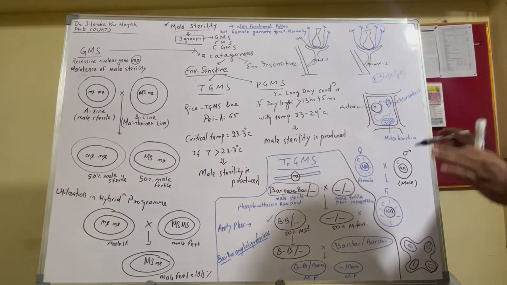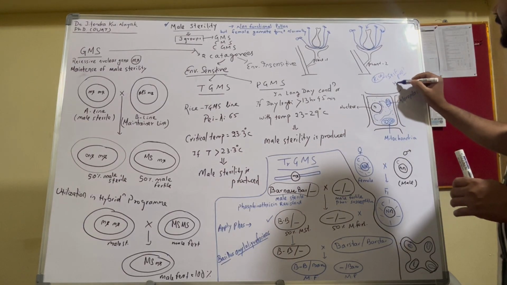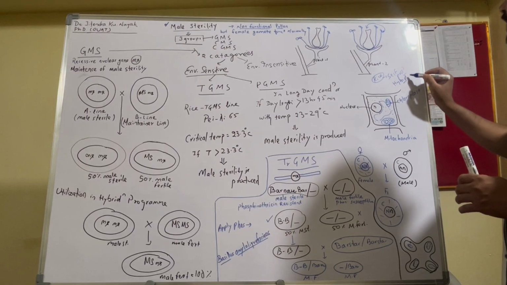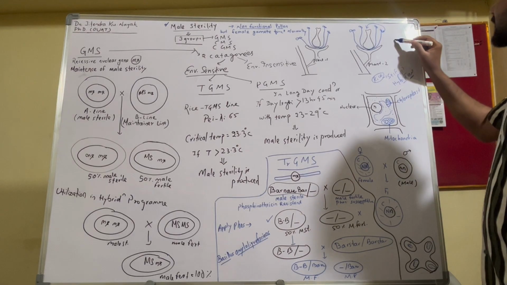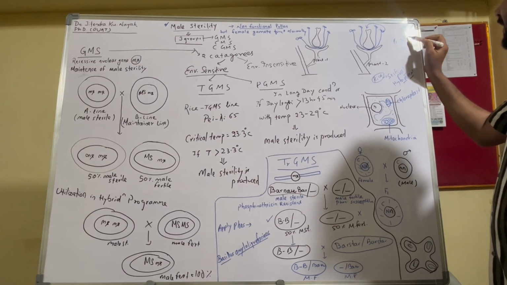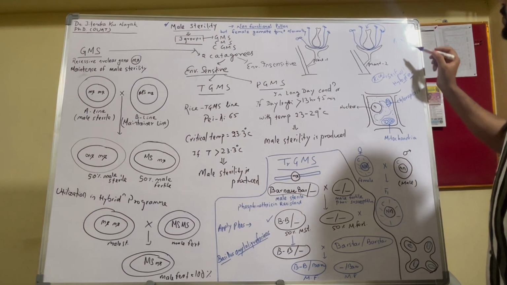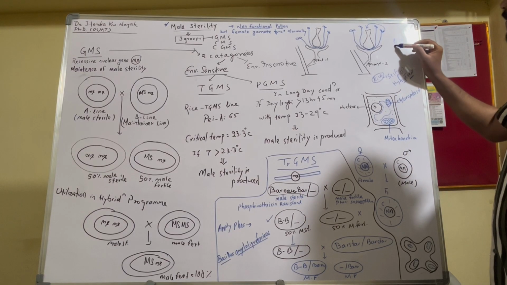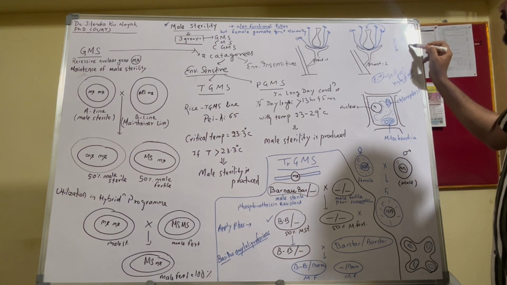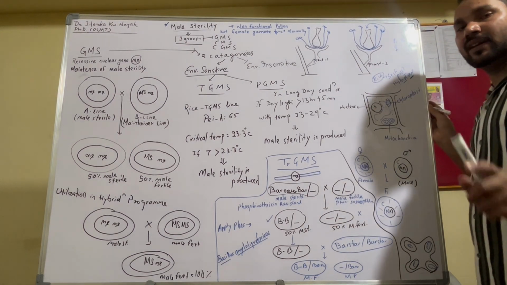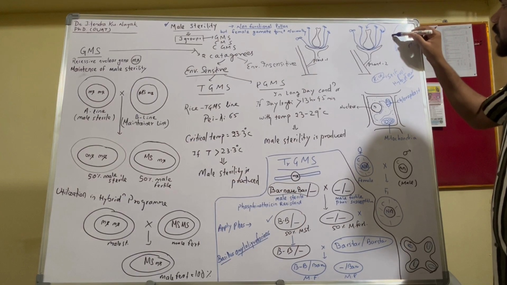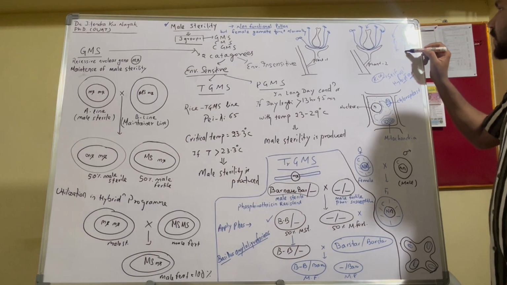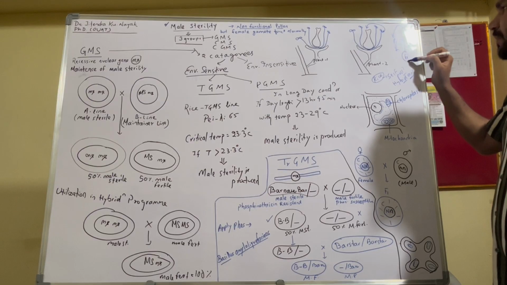Whenever we are going for hybrid seed production, we are taking two types of parents, parent 1 and parent 2. Suppose parent 1 is female and parent 2 is male. The pollen of parent 2 will fall over parent 1 and we will have the F1 hybrid seed.